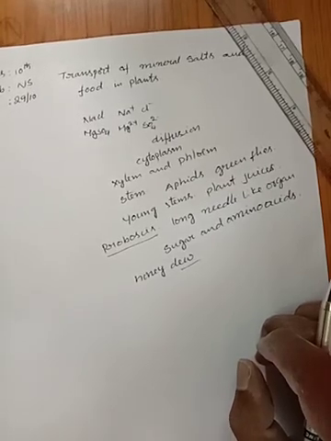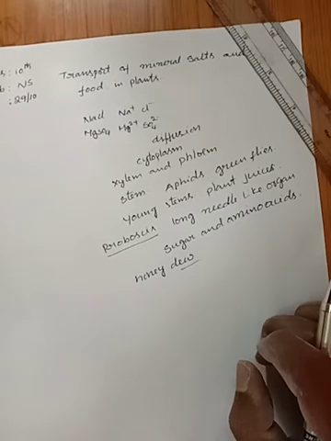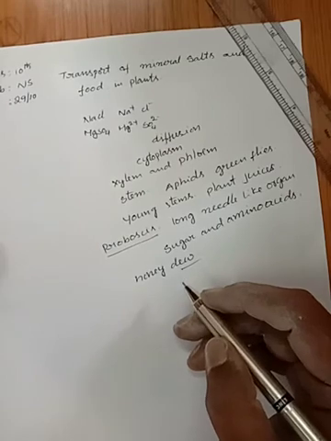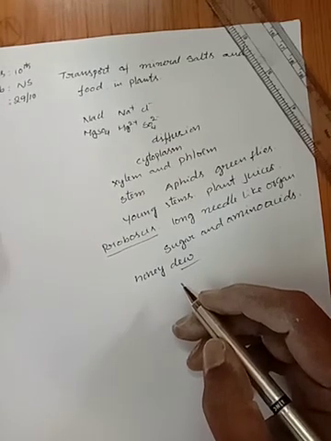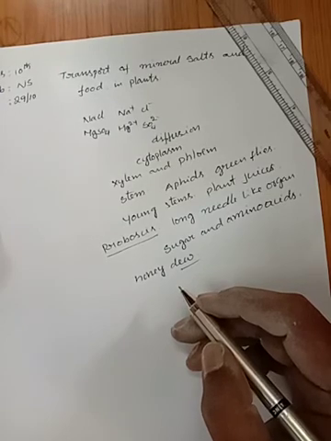After a few days, when the tissue above and below the ring was analyzed, it was shown that food had accumulated above the ring but was not present below it.